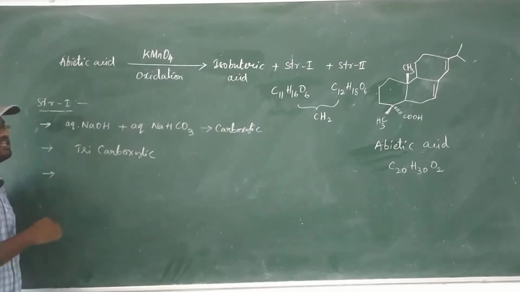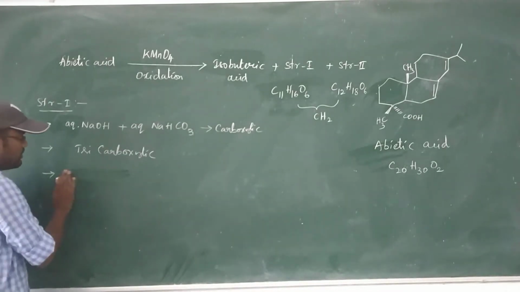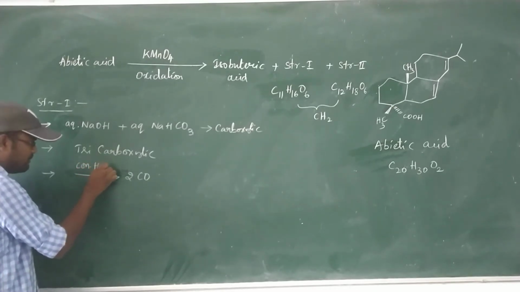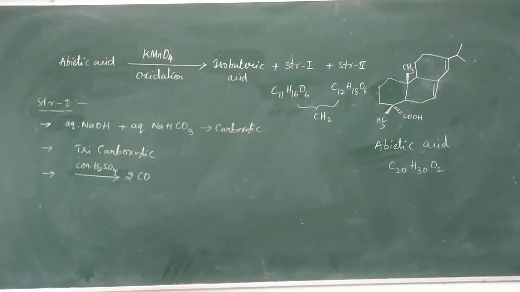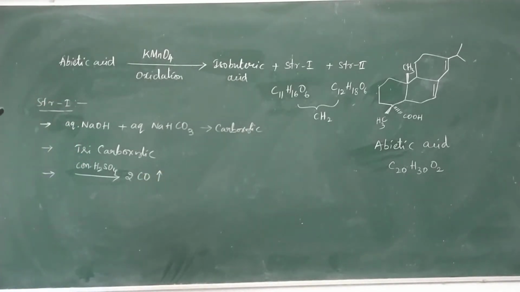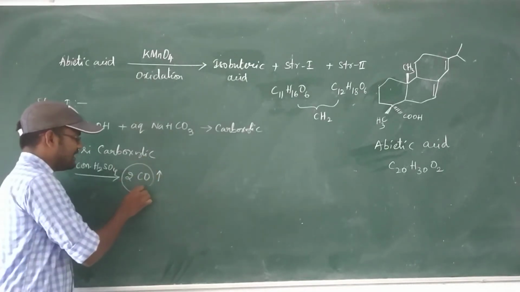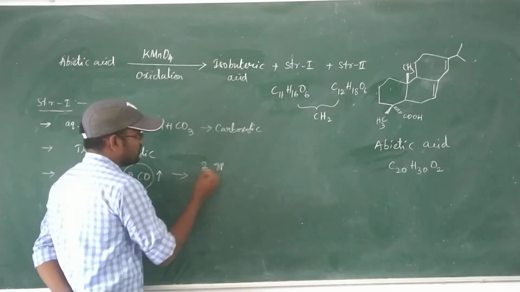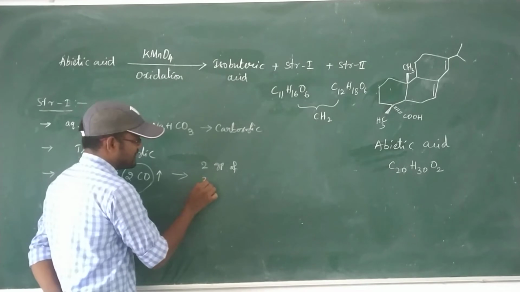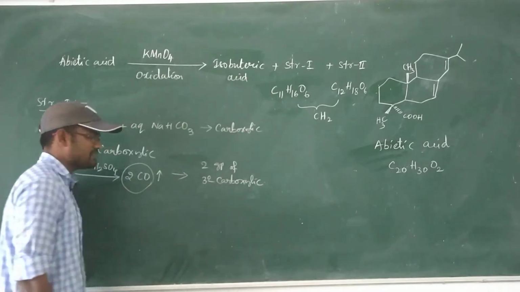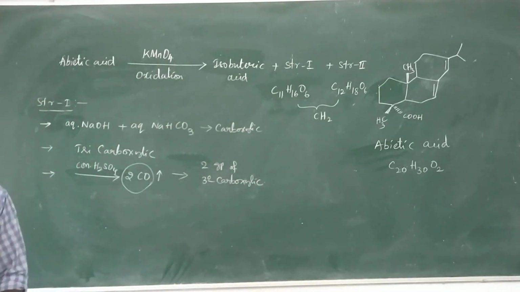Next, structure 1 undergoes elimination of CO in the presence of concentrated H2SO4. When structure 1 is treated with concentrated H2SO4, 2 moles of carbon monoxide are eliminated. This clearly indicates that structure 1 has 2 tertiary carboxylic groups. We already know only a tertiary carboxylic acid is capable of eliminating CO in the presence of concentrated H2SO4.